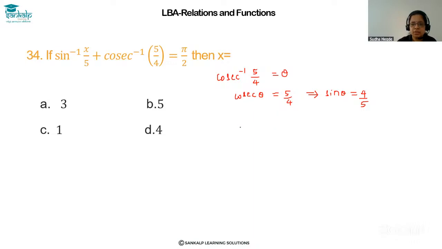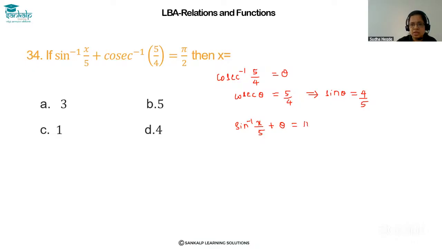So the given expression becomes sin inverse x by 5. Instead of cosec inverse 5 by 4, you can write sin inverse 4 by 5. Or you can write that as theta itself. So let me write it as theta.